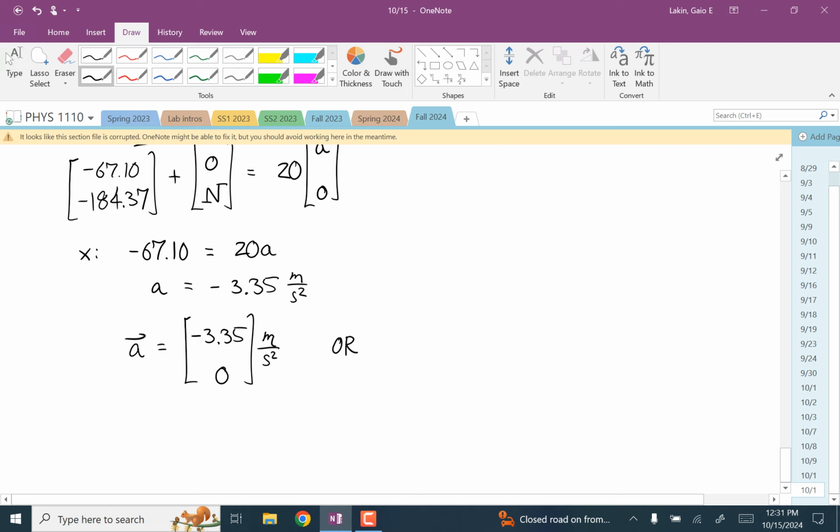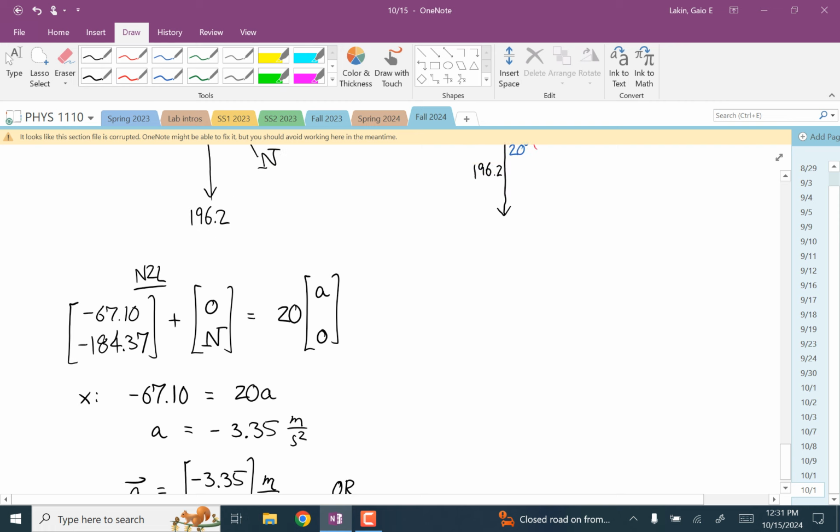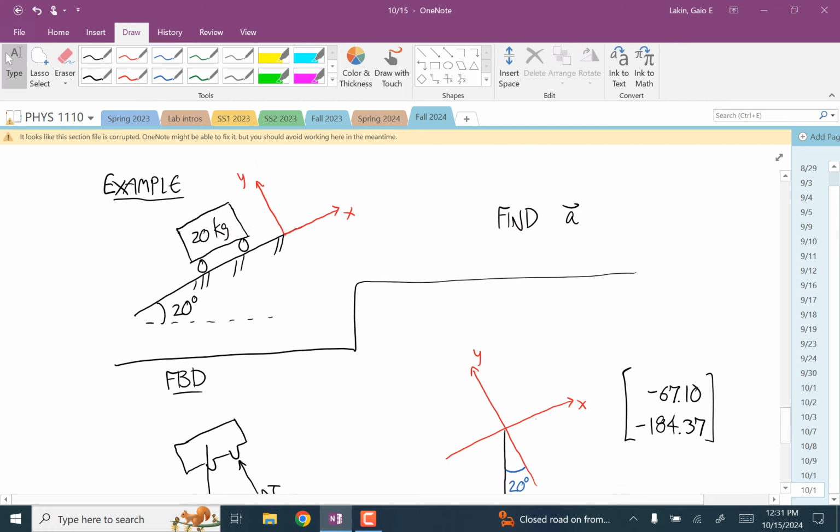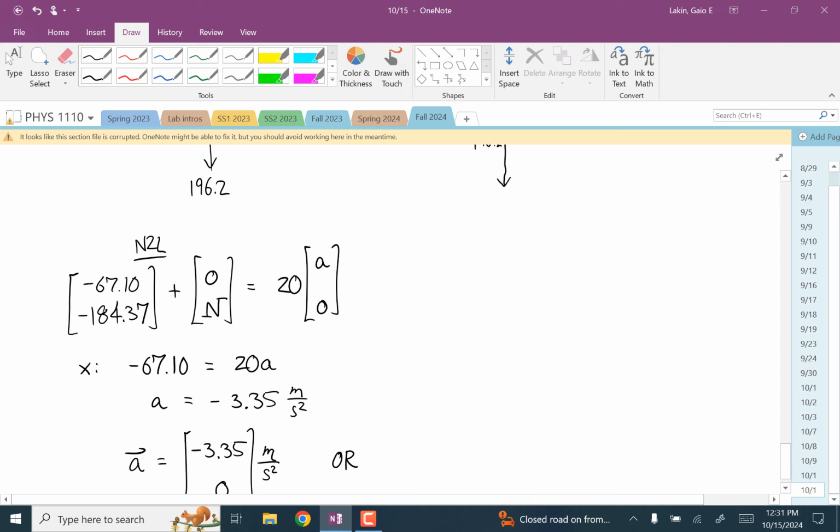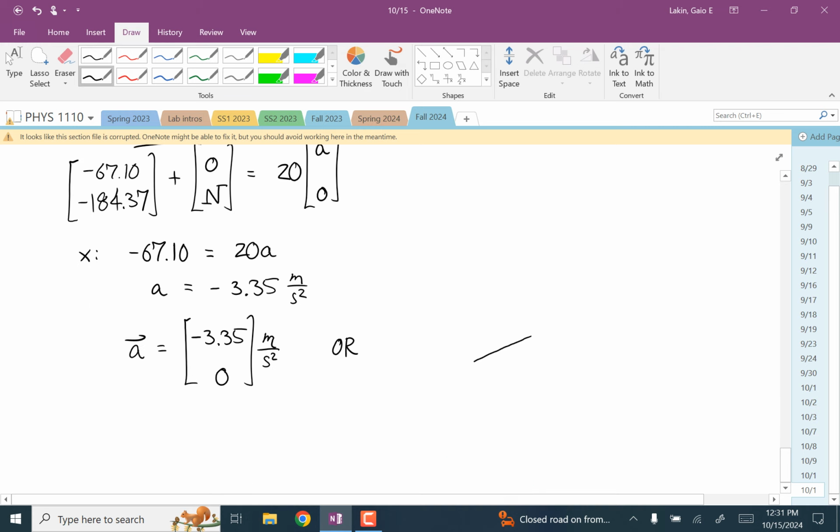What does that mean in directions? Look at our coordinate system. We got a negative x value, so it's in the negative x direction. So down the ramp with a magnitude of 3.35 meters per second squared.